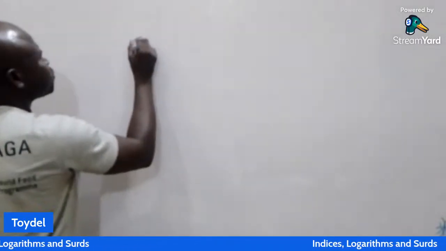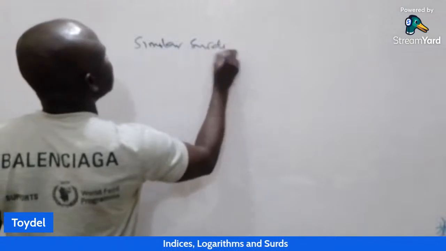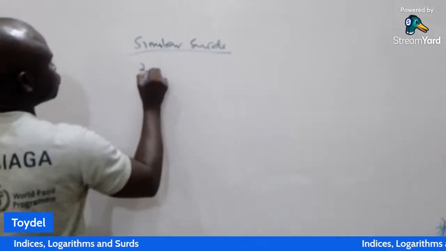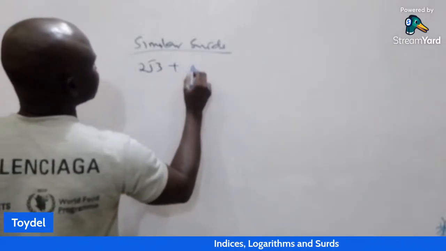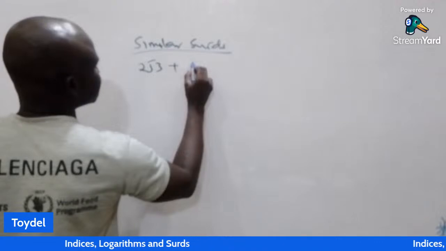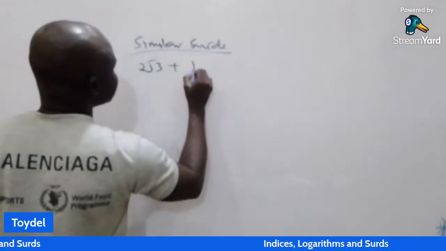Then, let me quickly talk about similar surds. Similar surds is when they have the same thing in common. For instance, when you have 2 root 3 plus, let's say, root 75.